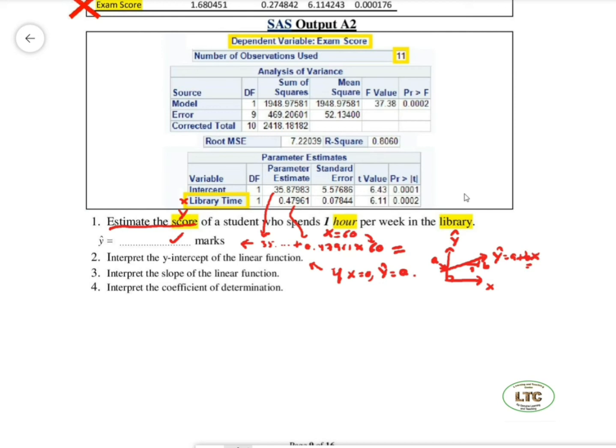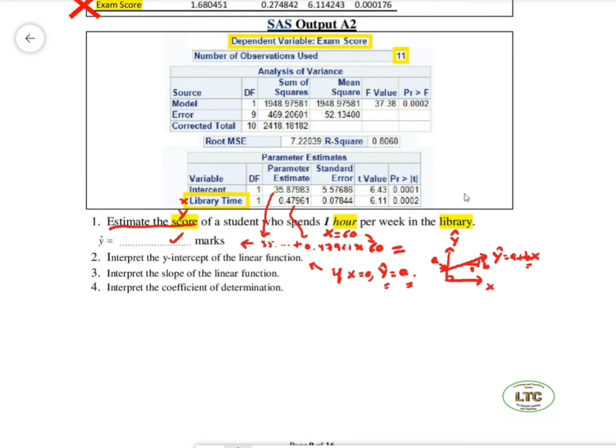So in this problem, you write: if the studying time in library is 0 minutes, or if a student does not study at all in the library, then his or her exam score is estimated to be a, 35.88 marks.